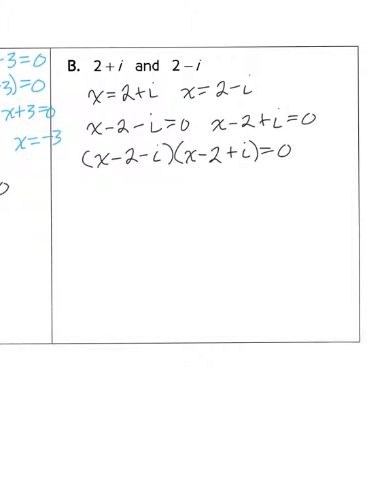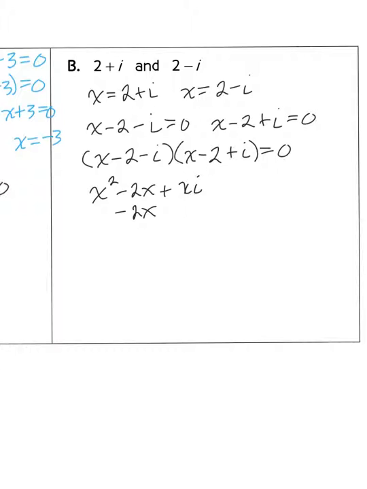So you're going to have a triple distribution. x times x is x squared. x times negative 2 is negative 2x. x times i is positive xi or ix, it doesn't matter which. Then distribute the negative 2. Negative 2 times x, and I'm going to line up like terms, is negative 2x.